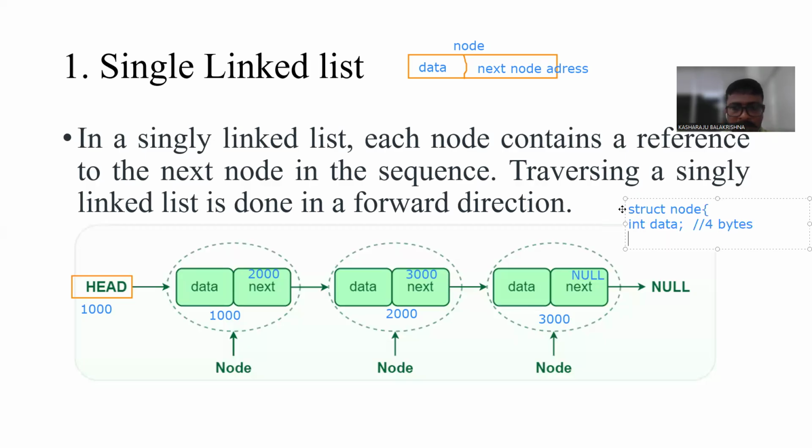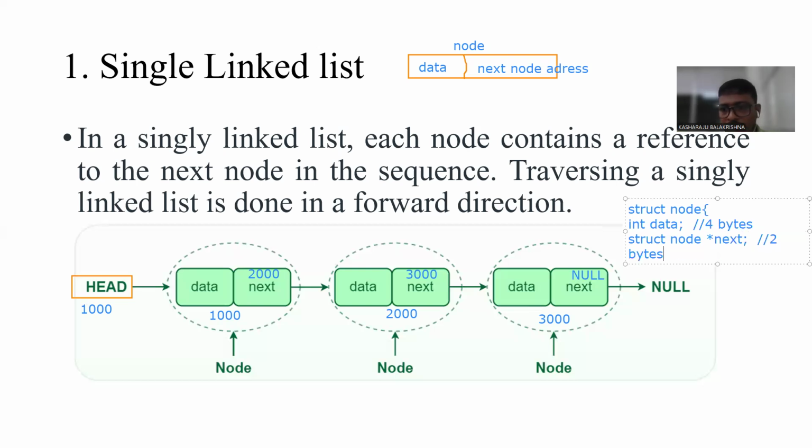Next, struct node star next. What is next here? Next is a pointer. So it might take 2 bytes of memory.